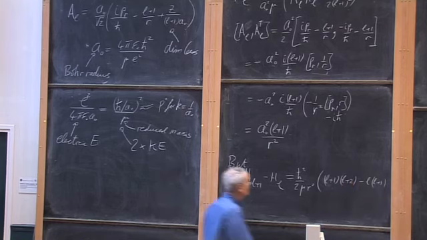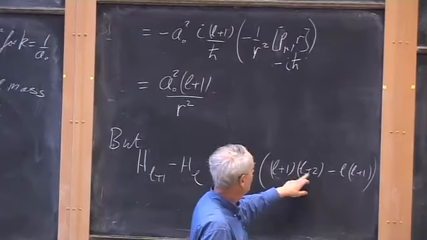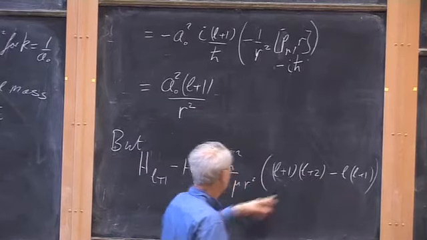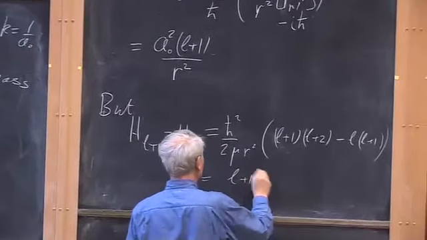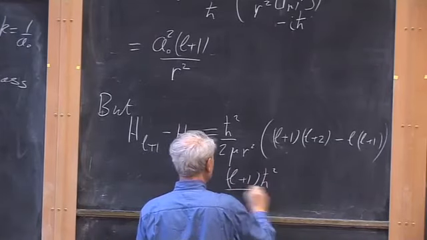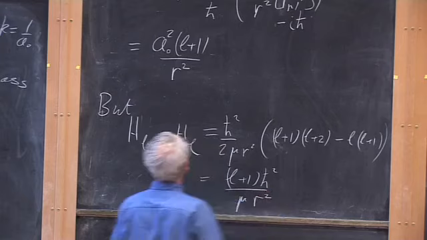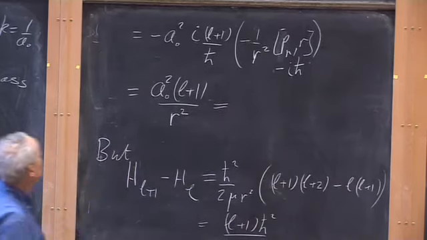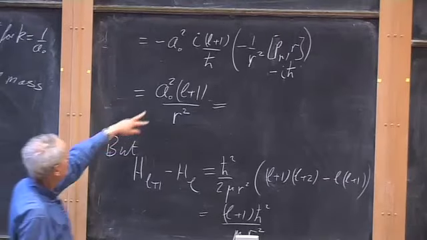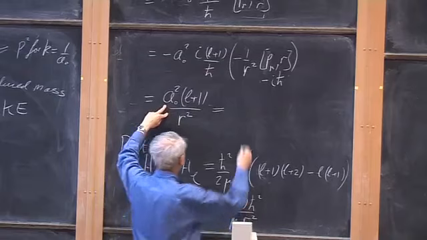Live in hope. Okay, so obviously there's going to be a factor of L+1 common, and then we're looking at the difference between L+2 and L, in other words, 2. The 2 is going to cancel this, and this is going to equal (L+1) h bar squared over mu r squared. So with this little side calculation, we can go back up the board and express this as an appropriate multiple of the differences in the Hamiltonians.